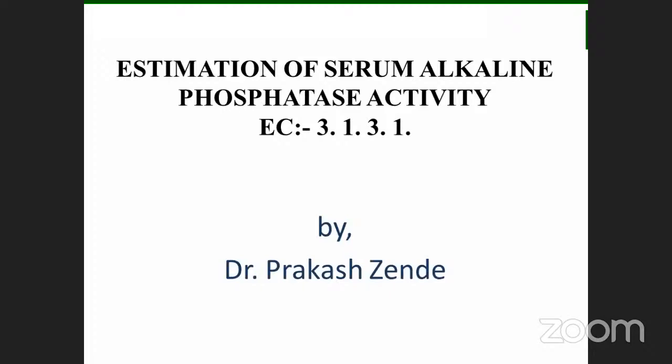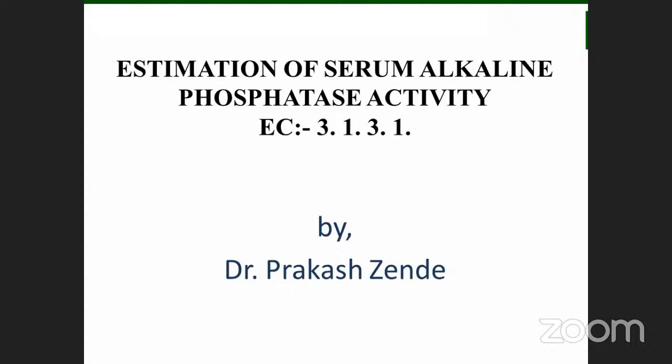After collection of venous blood, take this blood in a plain container. After some time a clot will form, and then serum is released from that clot. It is called serum, and we are measuring the activity of enzymes in serum. That's why this is the name of this practical, estimation of serum alkaline phosphatase.